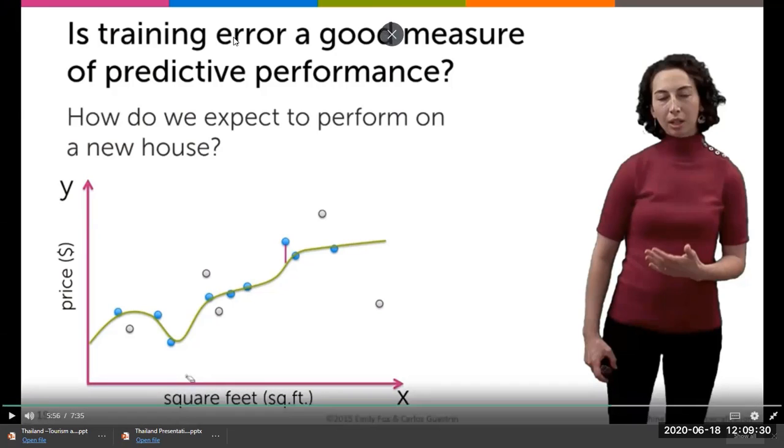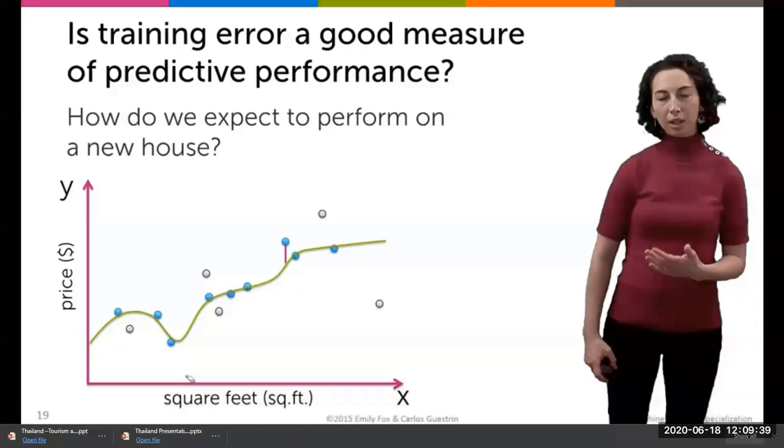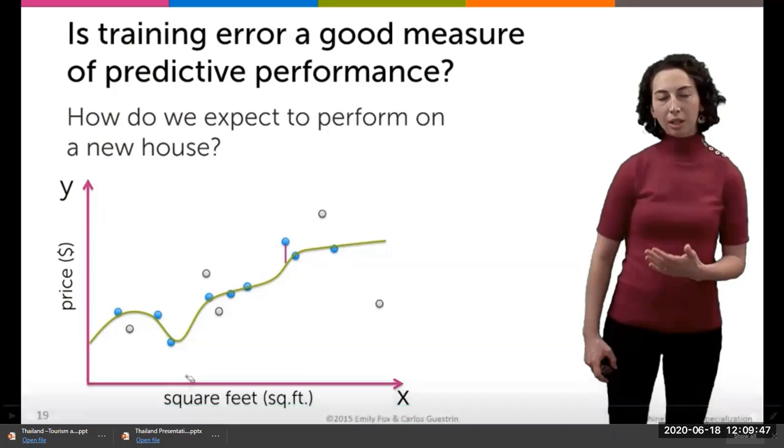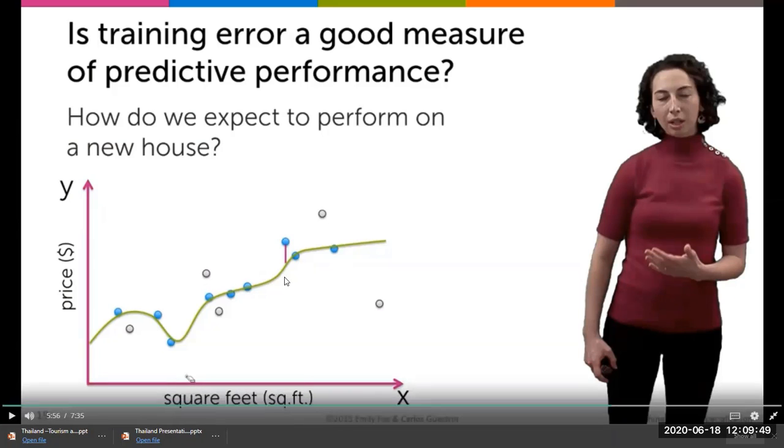So is training error, the fact that some model does very well on the training set, does that mean it's going to do very well on the test set? What's your answer to that? Not always. Why? Because we are going to fit the model to this training data. We could fit it perfectly.